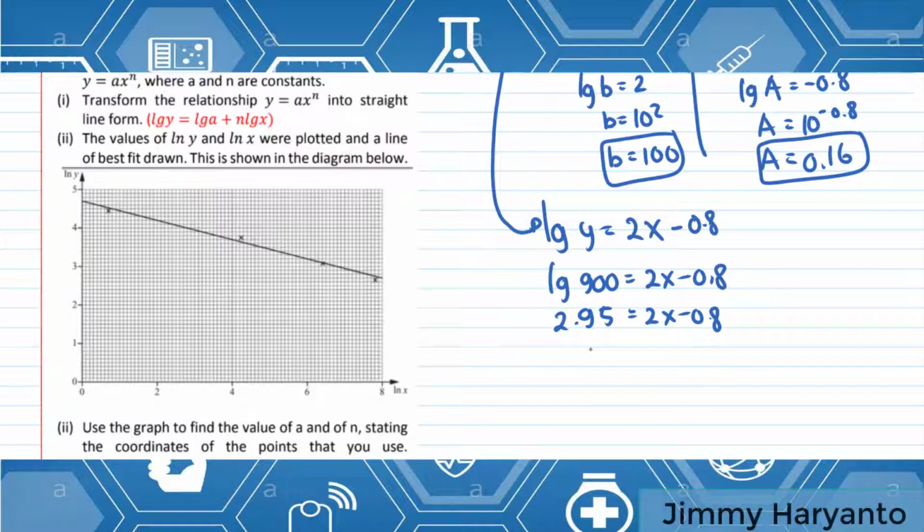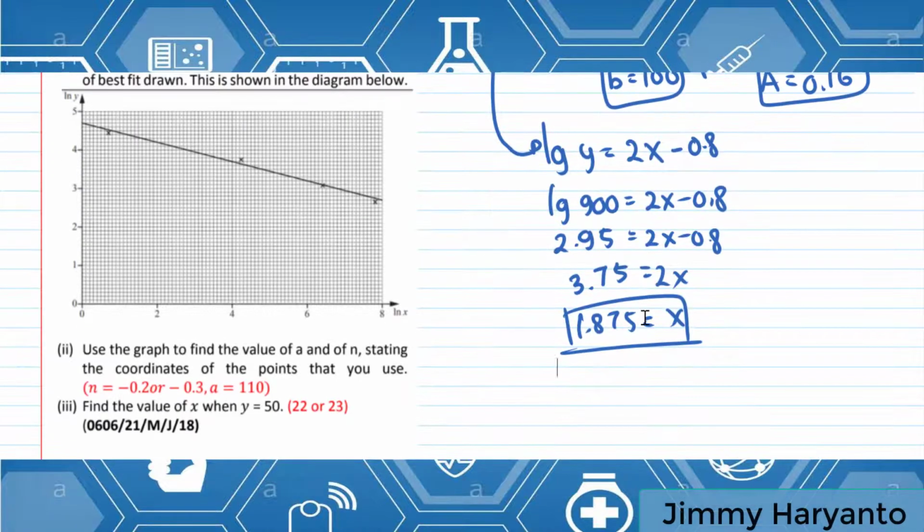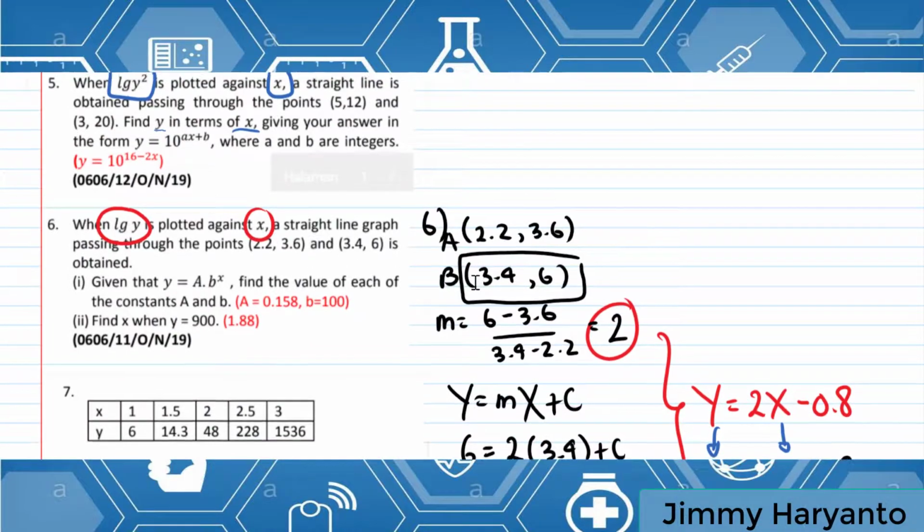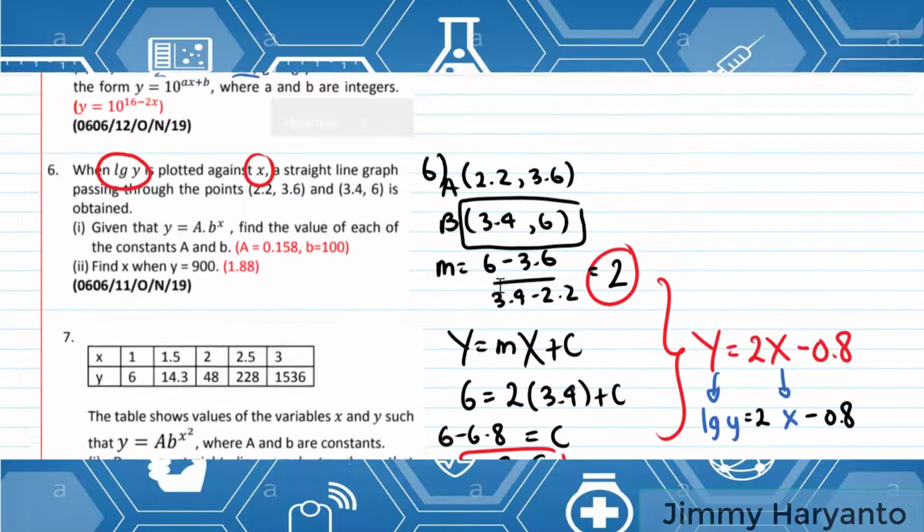Move the 0.8, it will become 3.75 equals 2x. So x will be 1.875. There you go. If you want to make it into 3 significant figures, you can round up into 1.88. 1.88, guys. Okay, that's correct.